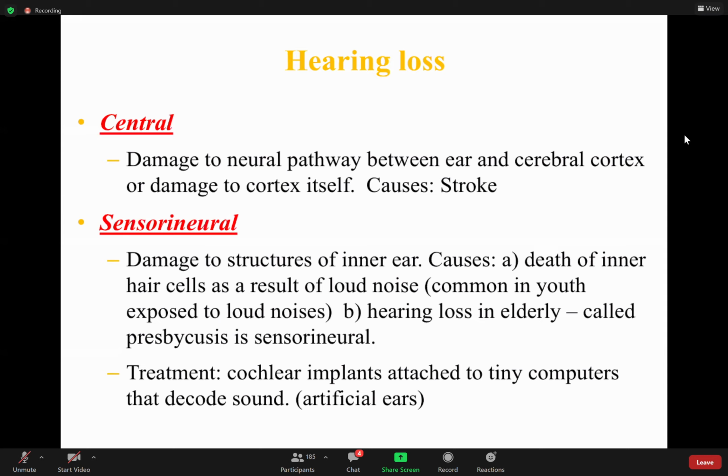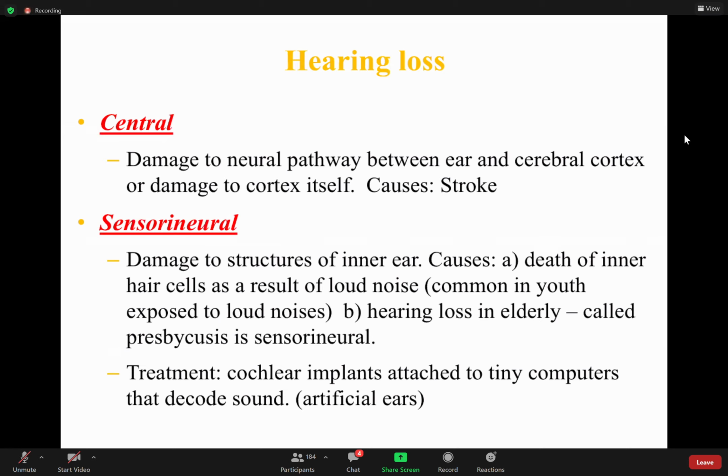On the other hand, we could also have normal hearing loss, such as in the elderly, called presbycusis, and this is potentially a natural loss of hair cells, because as with any other part of the body, hair cells could potentially die, and they're being replaced by naturally ingrown stem cells in the cochlear system.